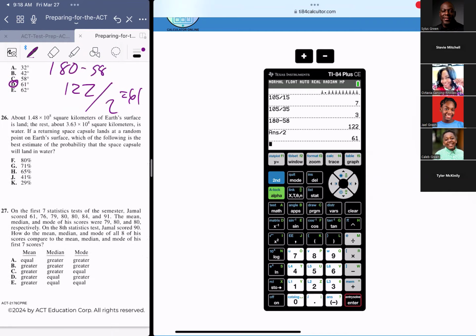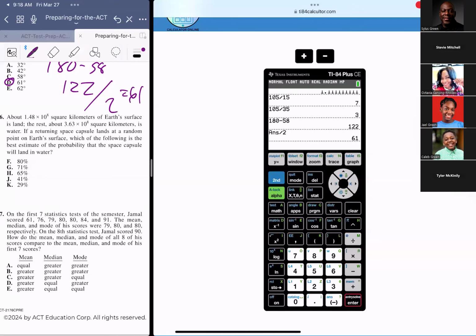Okay. Question 26. About 1.48 times 10 to the 8th square kilometers of Earth's surface is land. The rest, about 3.63 times 10 to the 8th square kilometers, is water. If a returning space capsule lands at a random point on Earth's surface, which of the following is the best estimate of the probability that the space capsule will land in water?